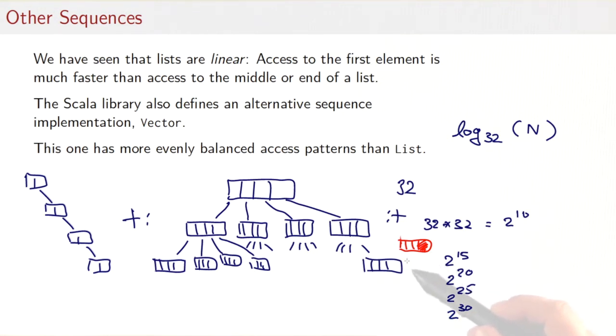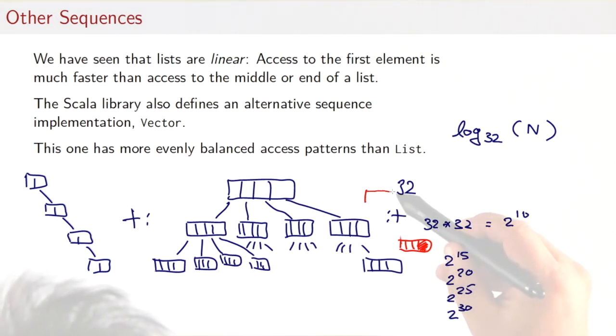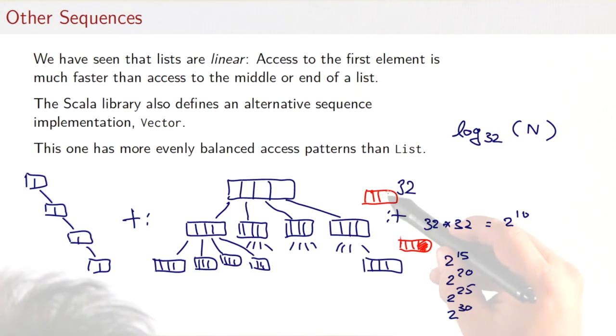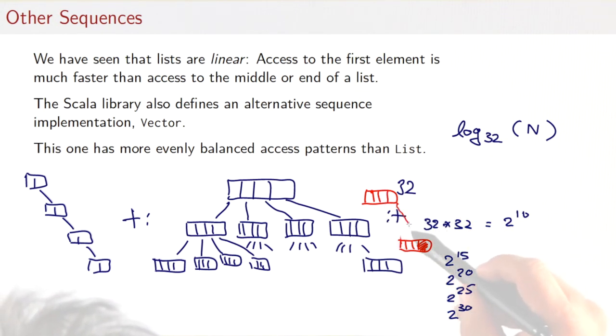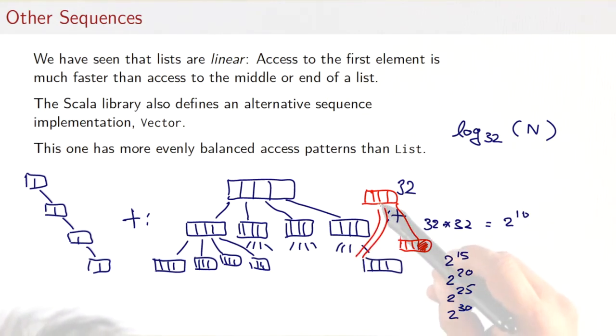So that gives me a new array of 32 elements, which I then have to combine somehow with the original vector. I can't change the pointer from the original root to this array, because that of course would change the old vector. So what I do instead is I create another copy here that points to this new element, and it also points to the other elements that my previous copy pointed to, and that then would replace this one here.